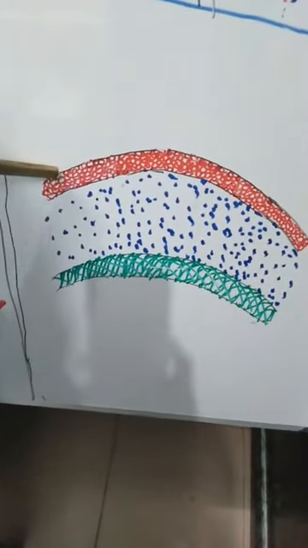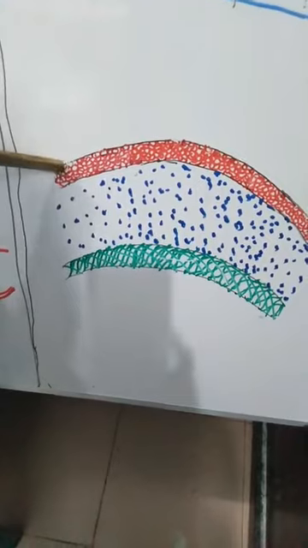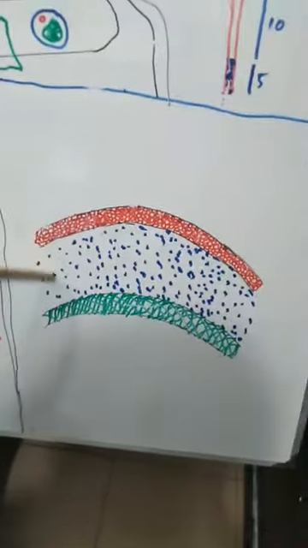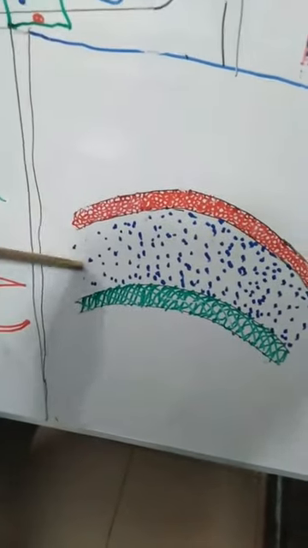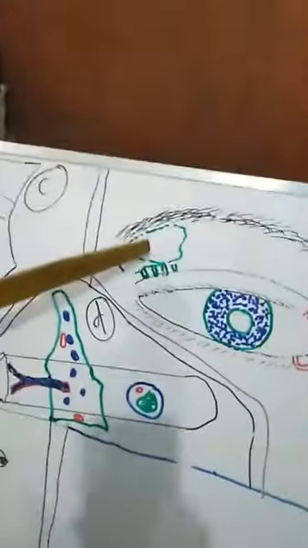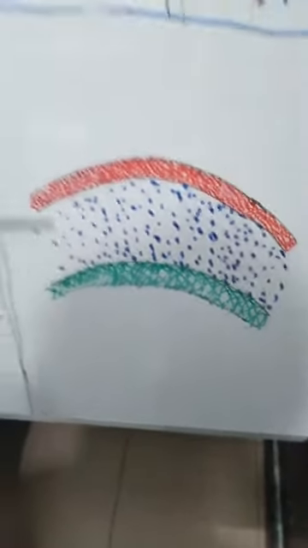The outer lipid layer secretion is formed by the Meibomian gland, the middle aqueous layer is formed by the lacrimal gland, and the inner mucin layer is formed by the goblet cells in our conjunctiva.